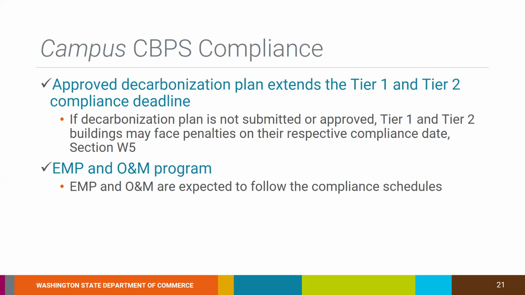And now the EMP and the O&M is expected to be implemented based on the original compliance schedules. Again, I'm going to give you a little more outline of how that works in a couple slides. Next slide, please.